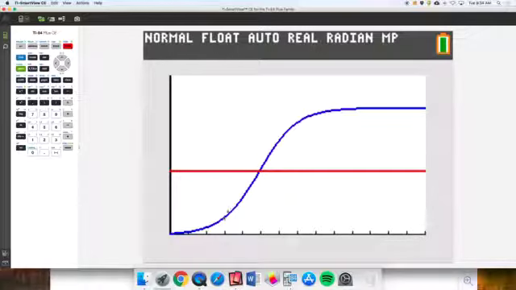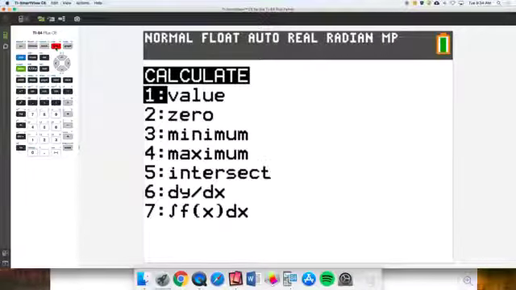What do we call that, where it changes from increasing at an increasing rate to increasing at a decreasing rate, where the curvature changes? The inflection point. Good. And so all we have to do to find it is go to our calculate menu. If you hit second trace, that's your calculate menu. And look at those delicious choices on the menu. Right? It's better than the Wendy's dollar value meal. Which one do we want, do you reckon?